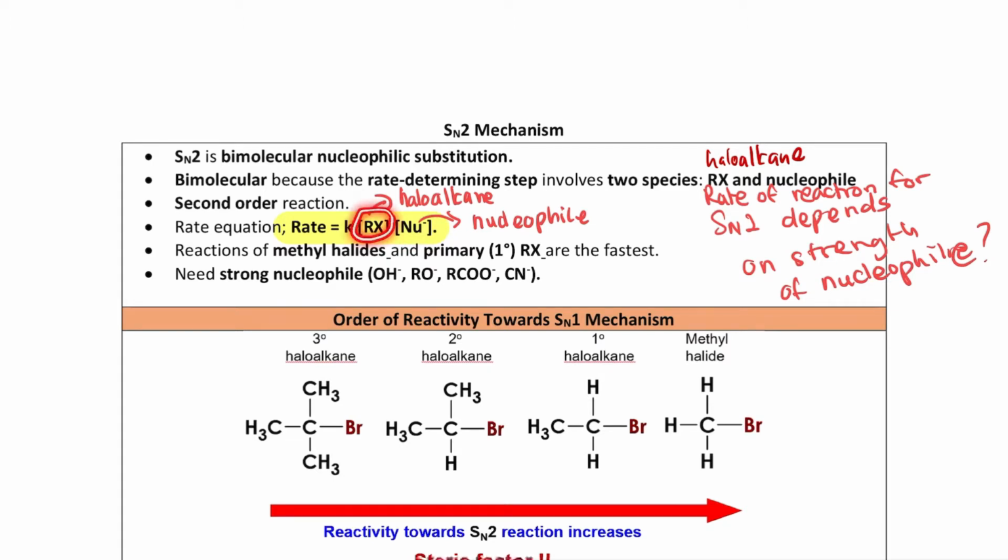Here RX is the haloalkane, so rate equals k times the concentration of haloalkane to the power 1 times the concentration of nucleophile to the power 1. This means the rate of reaction for the SN2 mechanism depends on the concentration of haloalkane and the concentration of nucleophile. Please take note on that.